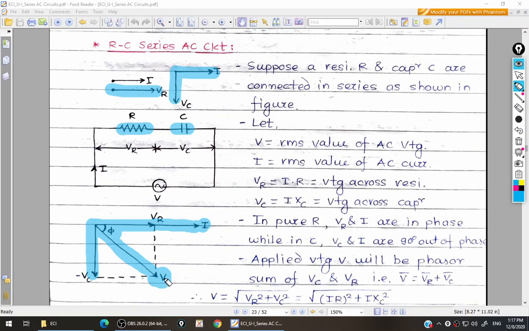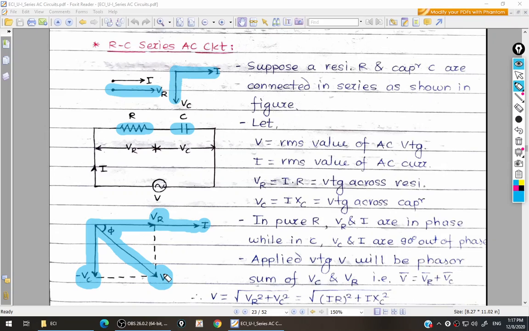Now this total voltage is the resultant of the voltage across resistance and the voltage across capacitance. Here you can find that VR is on the x-axis whereas VC is on the y-axis. So if you have to find the value of V, you have to take a phasor addition, or we can say vector addition.